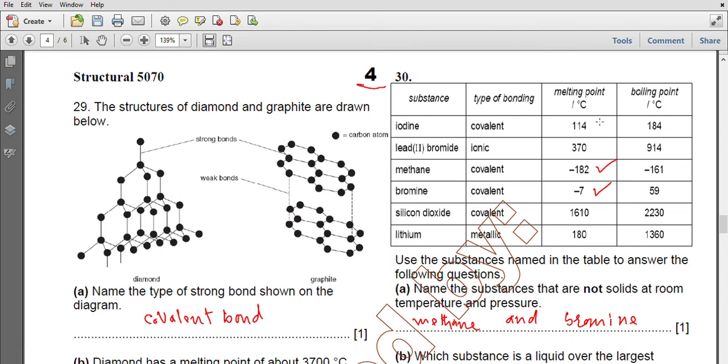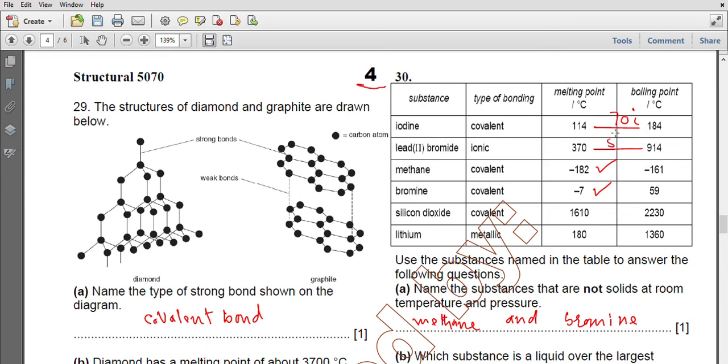Here iodine melts at 114 degrees Celsius and boils at 184 degrees Celsius, so there is a gap of almost 70 degrees. Lead 2 bromide melts at 370 and boils at 914.